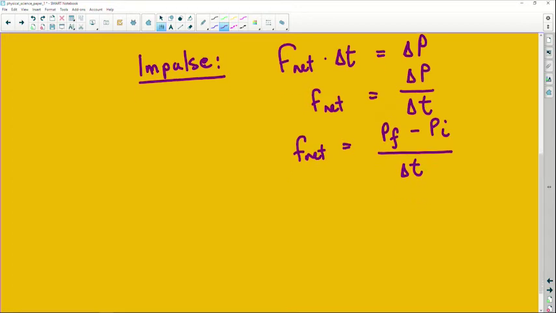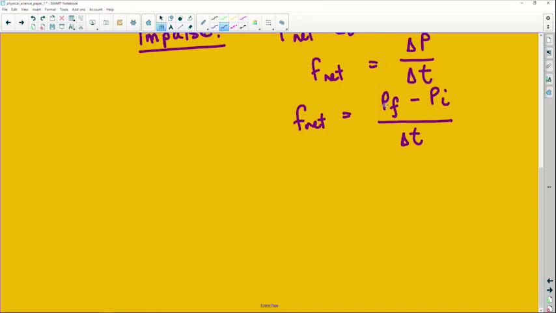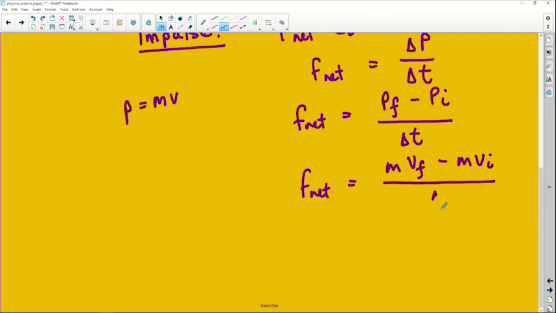Right, so let's see what we can do now. Remember, momentum is equal to the mass of an object multiplied by its velocity. So we're going to expand these two terms to make use of that. So we get the net force acting on the block is equal to the final amount of momentum, which is m times Vf minus m times Vi, over delta t.